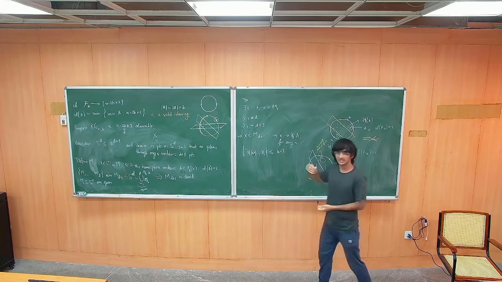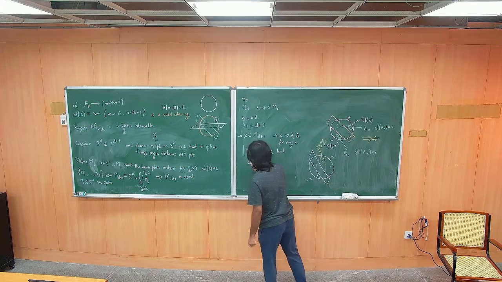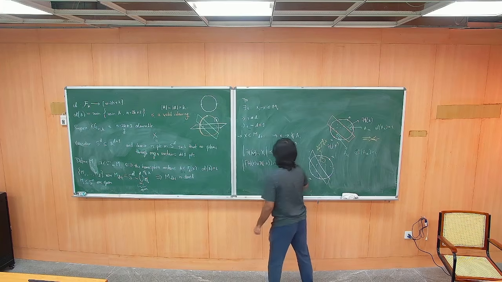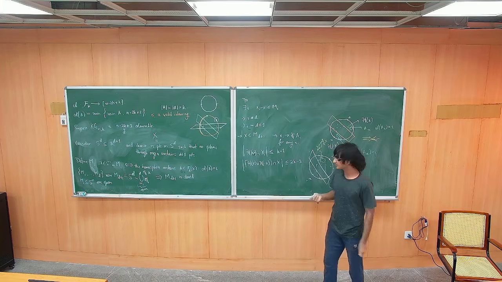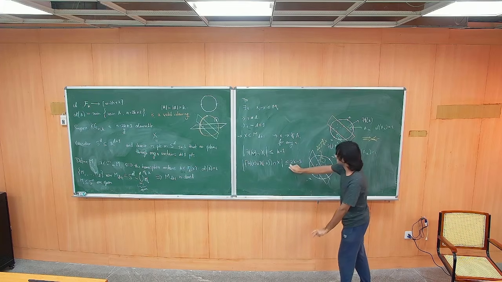Yeah, because it cannot contain a k-size subset. So if I just take the union H of x union H of minus x, then intersect this with X, this cardinality is less than or equal to 2k minus 2. So these two hemispheres will contain at most these many points.